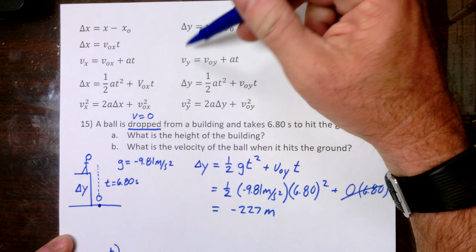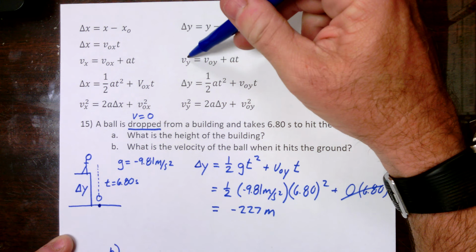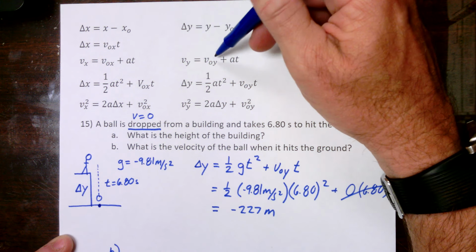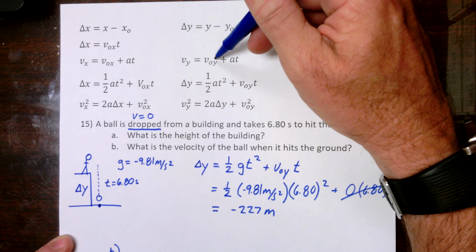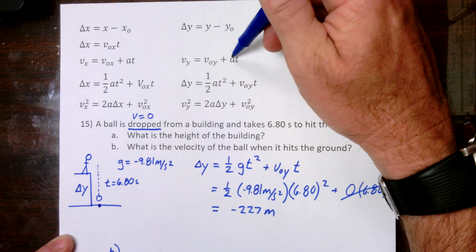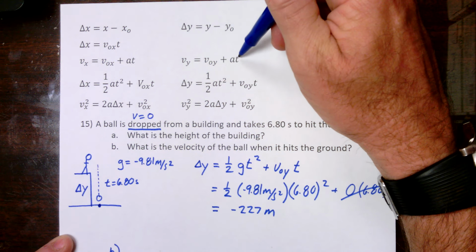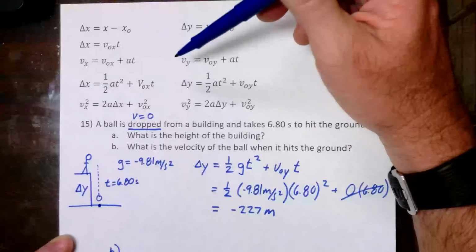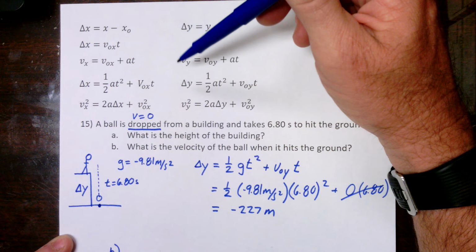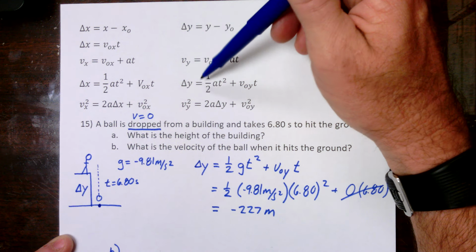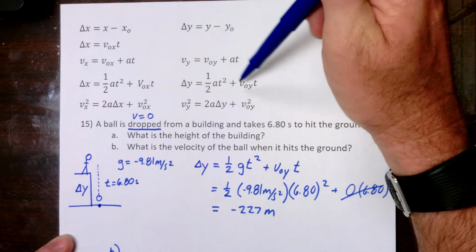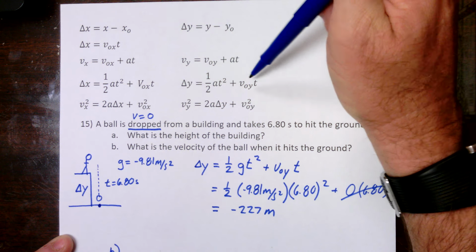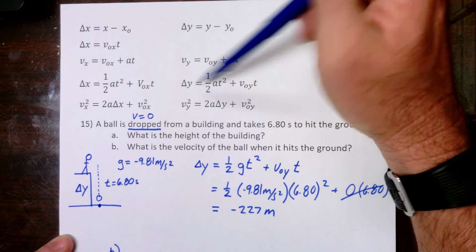Because for the velocity in the y direction, I know the initial, I know the acceleration, and I do know the time it was moving. Well, I'm going to check all the formulas here. Once again, I'm still looking for a velocity in the y direction. Oh, this doesn't have anything to do with velocity except for that initial, which I know is 0.